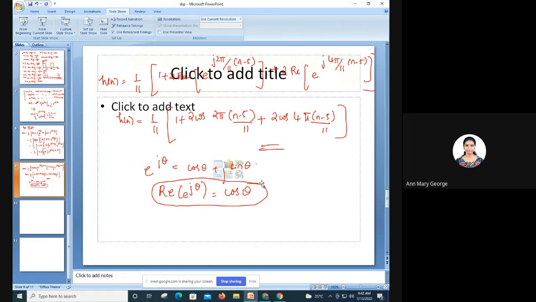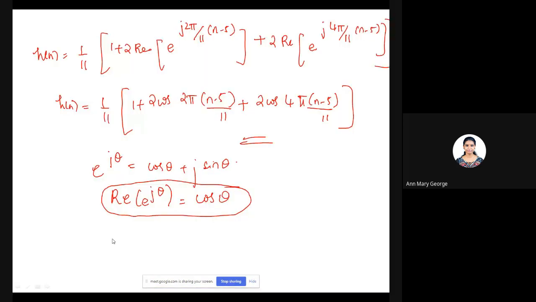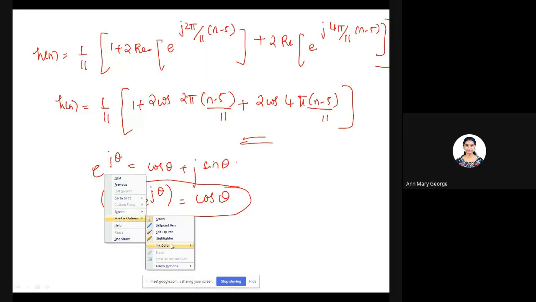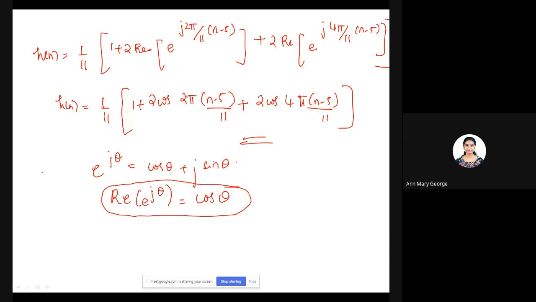Now we have to calculate the value of h of n for n equal to 0 to 10.